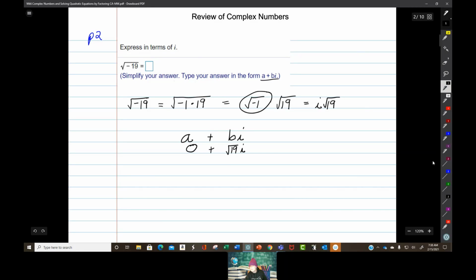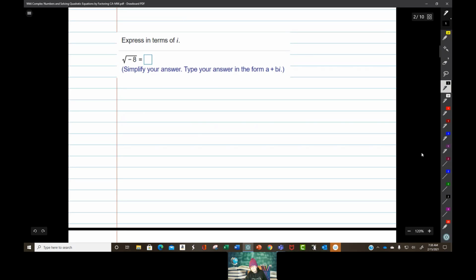Okay, now I admit this stuff is pretty weird. Now here, you're going to see this is a little bit different. The square root of -8. You know that 8 has a square root inside it. I'll show you. This is -1 times 4 times 2, where 4 is a perfect square.